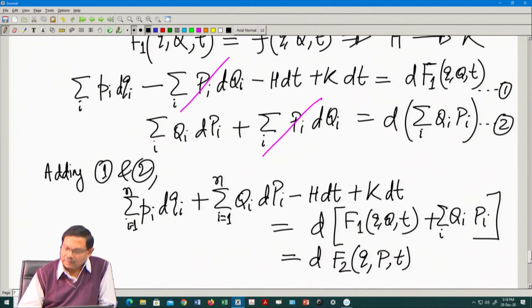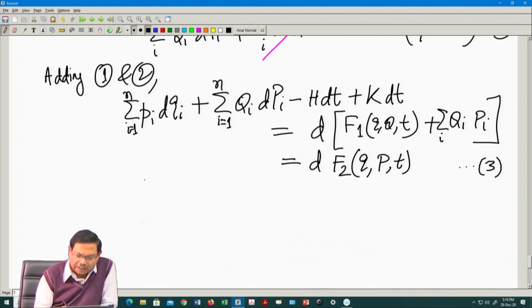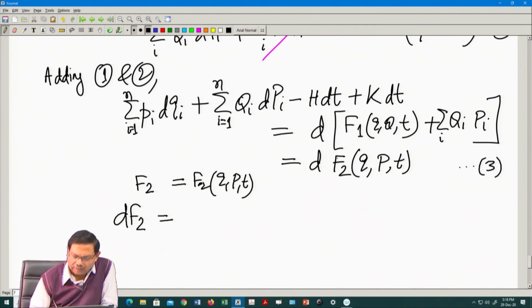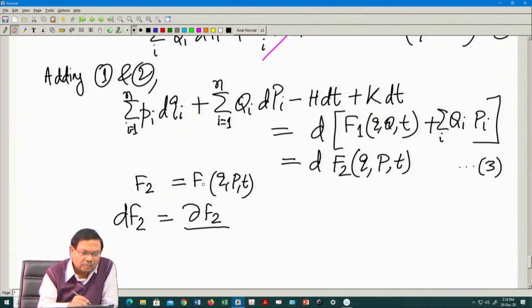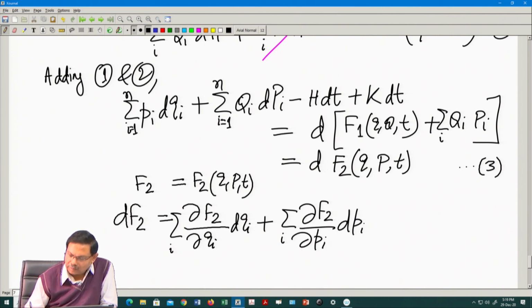Now, let us say this is equation 3, and as F2 is a function of q, p and t, what does dF2 mean? The total derivative of F2 will mean the partial derivative of F2 with respect to q_i summed over i times dq_i, plus the partial derivative of F2 with respect to p_i times dp_i, plus the partial derivative of F2 with respect to time times dt.